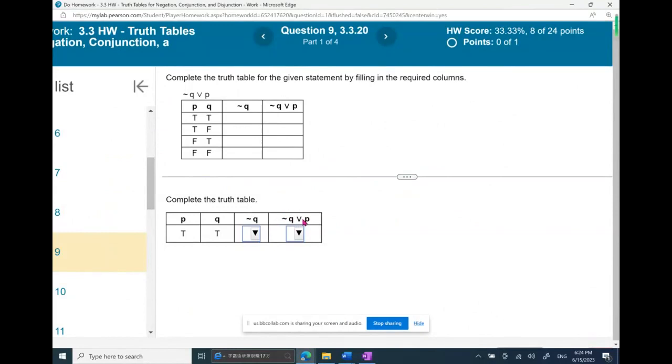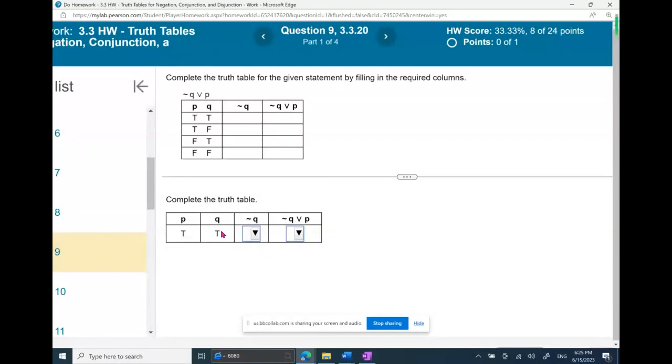Disjunction, upside down V. The two components of the disjunction are not Q and P. Since this disjunction only contains two simple statements, the first two columns are P and Q: T, T, T, F, F, T, F, F, the four cases. Let's complete the table. We do need a not Q, because not Q is the first component of the disjunction. The second component is already given in the first column.